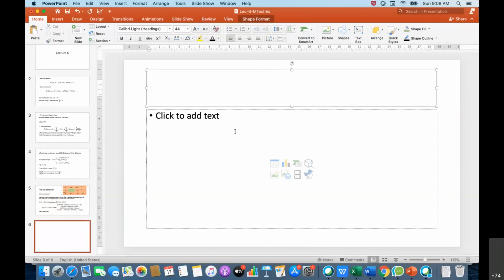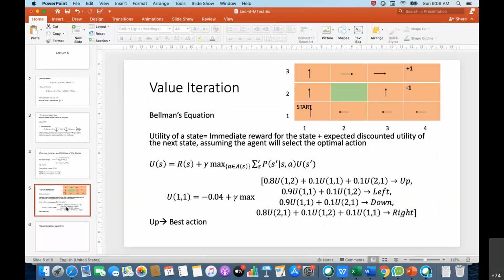Now, we are going to discuss the algorithm that is called value iteration. As we have seen in Bellman's equation, for example, we have n number of states.